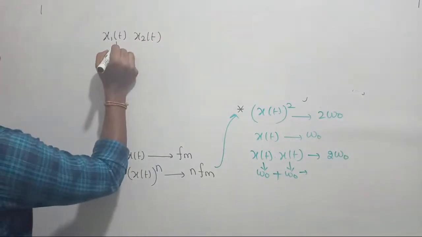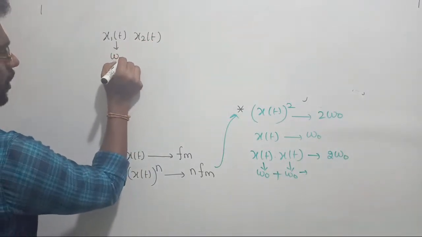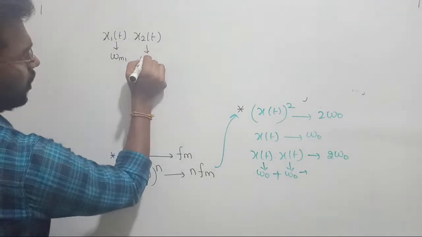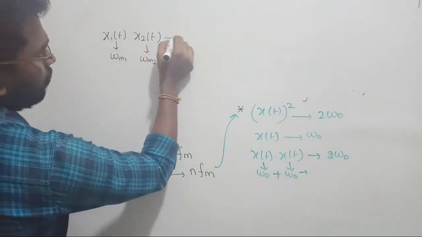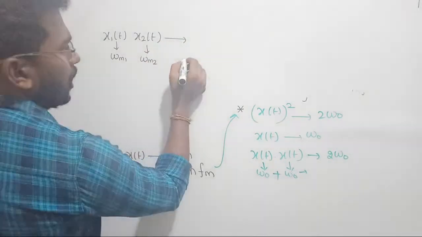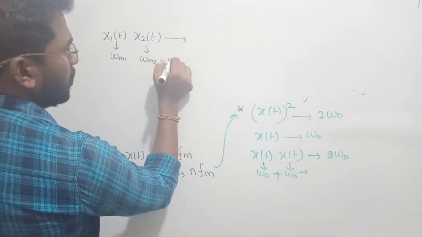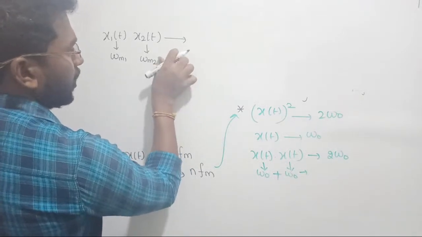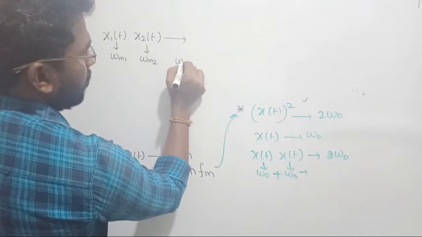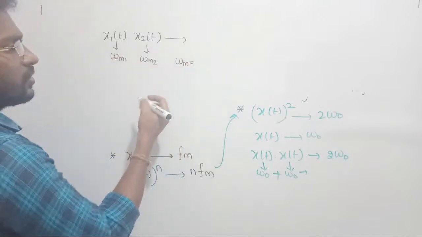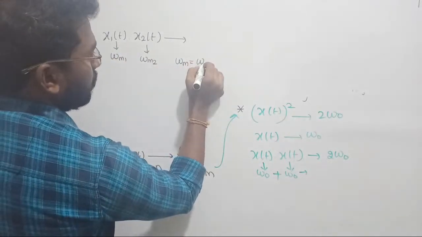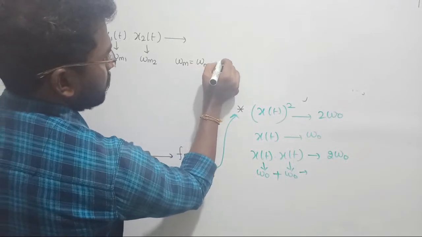When I have the frequency, let me define it as omega m1, and this one's frequency is omega m2. Then the output frequency, the net frequency, is omega m1, the total maximum frequency. If two signals are being multiplied, then the total frequency will become omega m1 plus omega m2.